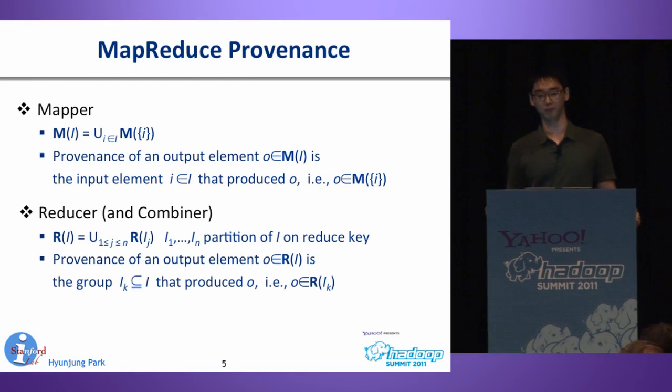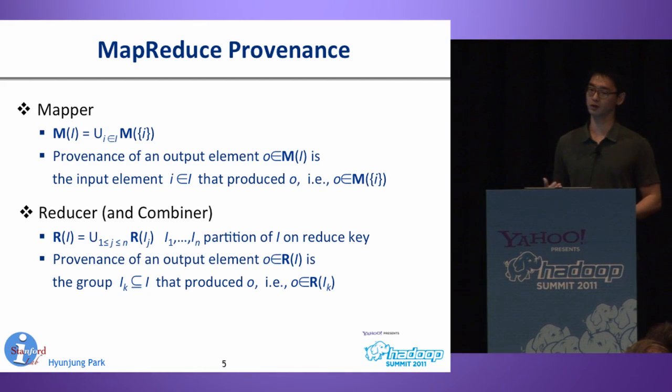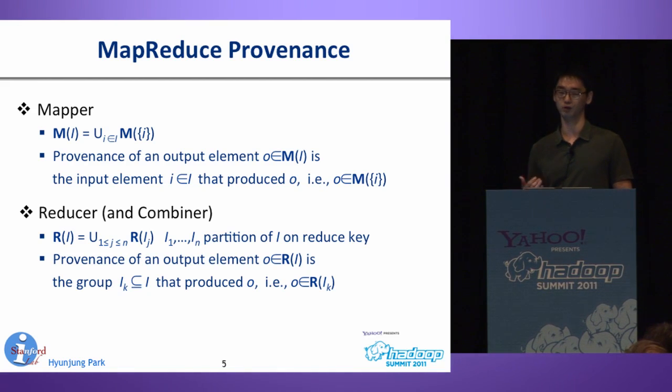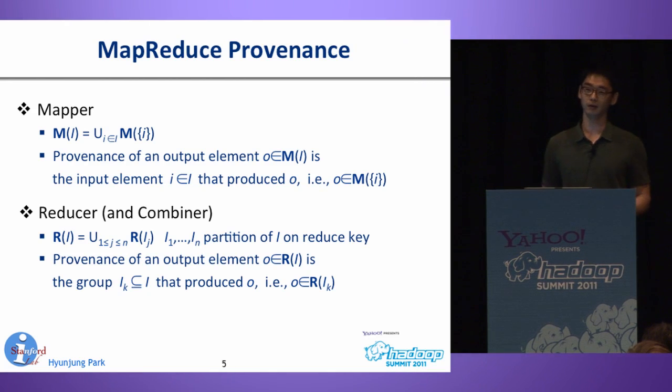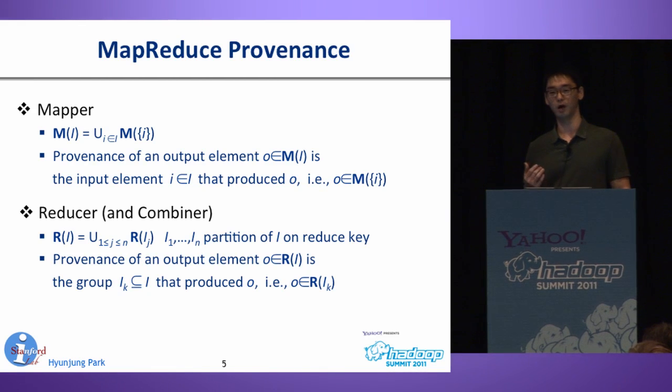So let's define MapReduce provenance. Before we get to the provenance for the entire workflow, in this slide I'm going to focus on each of the mapper, reducer, and combiner. For the mapper, as we know, the mapper produces 0 or more output elements independently for each input element. So we define the provenance of an output element as the input element that produces the output element. In this case, provenance is always a single input data element.